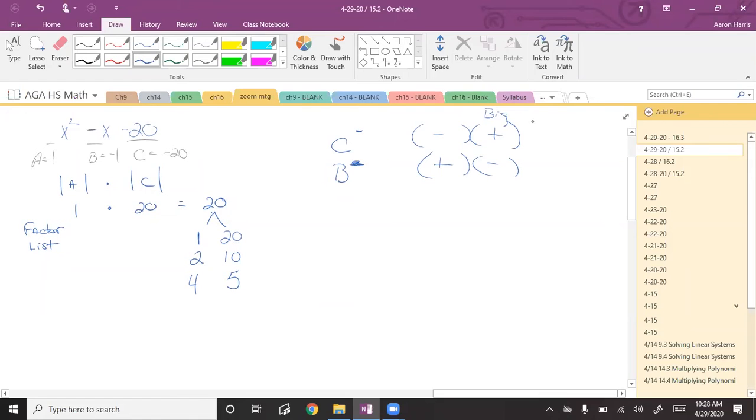Therefore, I choose the second one. So the bigger numbers, this column, are going to be negative, and the smaller numbers, this column, are going to be positive. Now I subtract or add them up, and I'm looking to make sure that they equal B. So 1 minus 20 is what?